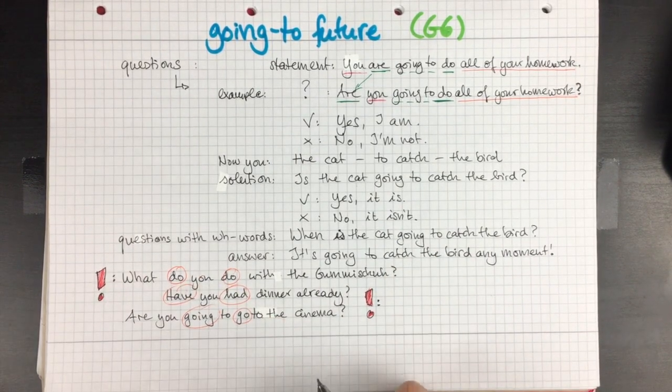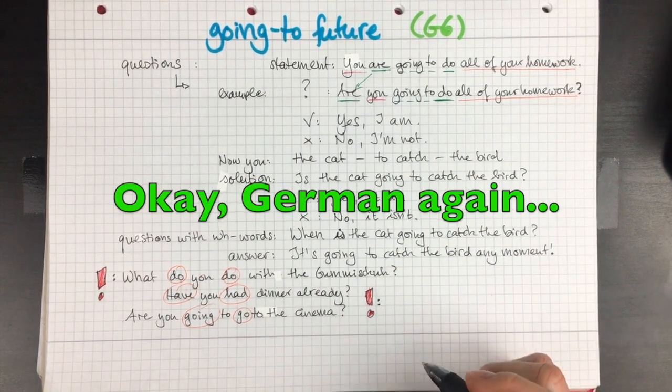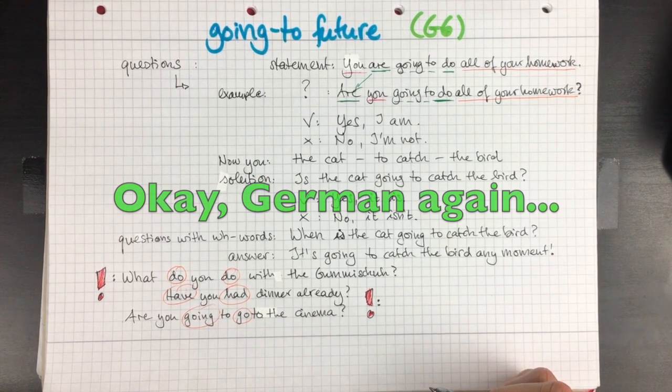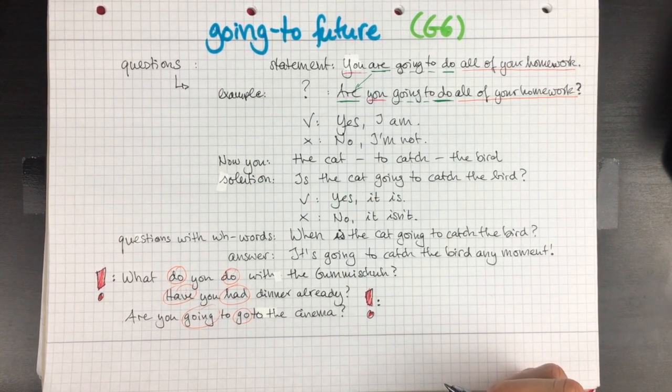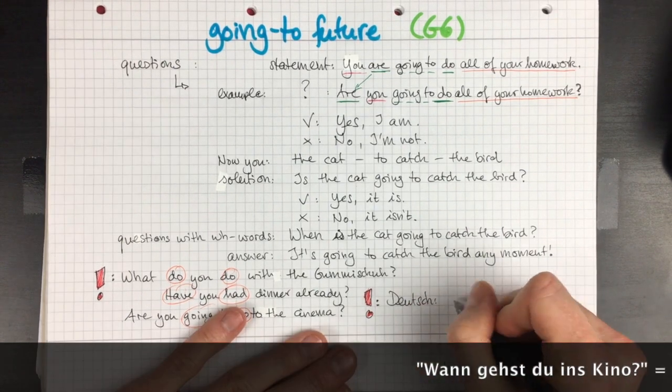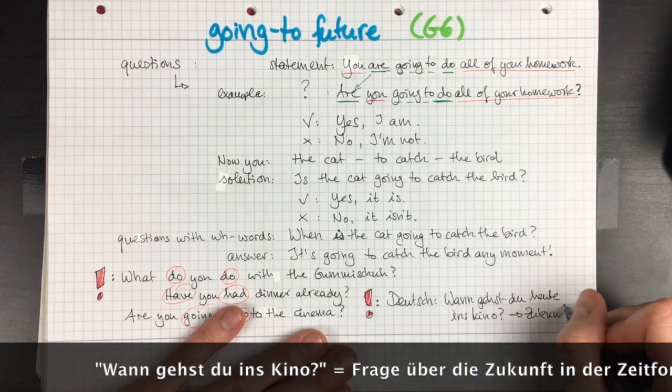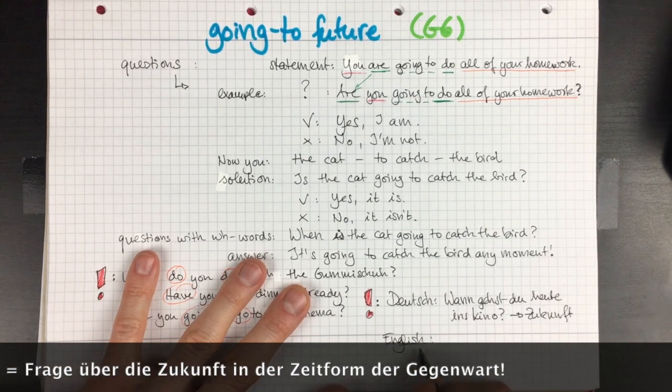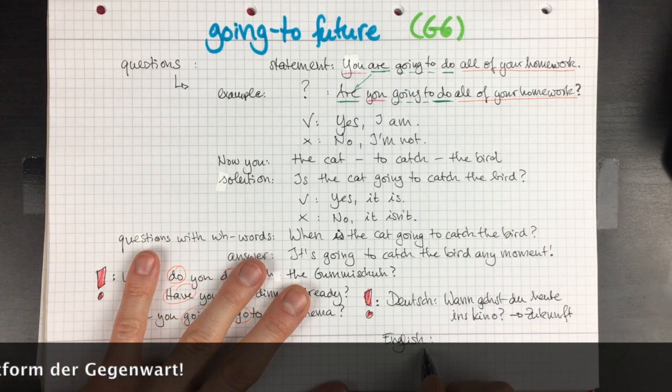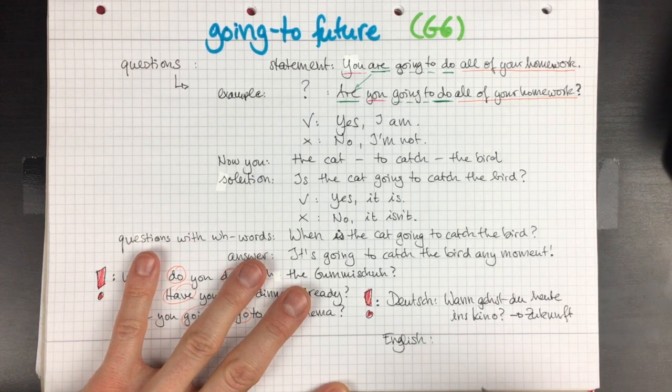And then there's one more important thing. Noch eine wichtige Sache: auf Deutsch kann man auch mit dem Präsens über die Zukunft reden. Also man kann auf Deutsch sagen: wann gehst du ins Kino? Das ist ja keine Zukunftsform. Wir sprechen aber über die Zukunft in diesem Satz. Im Englischen geht das nicht. Da muss man eine Zukunftsform benutzen, wenn wir über die Zukunft sprechen.